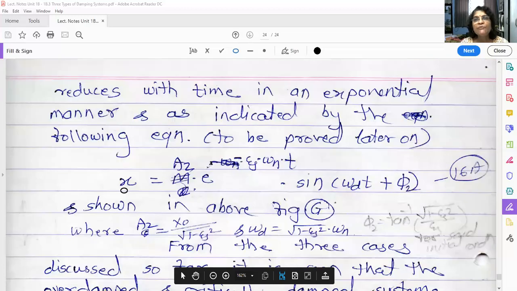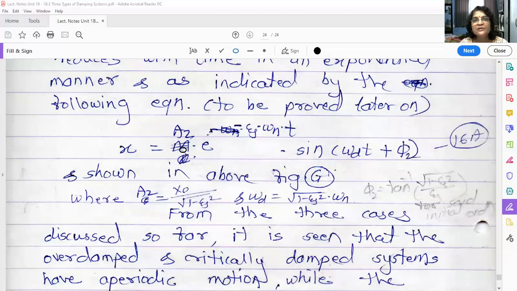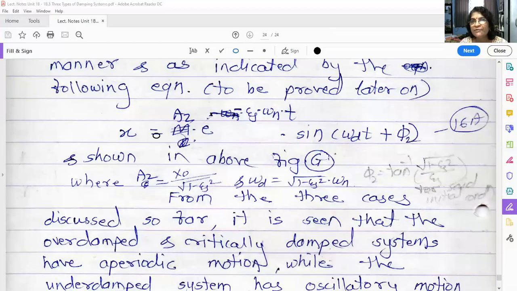So what is the physical interpretation of this equation? You have already learned this equation: x is equal to A2 into e raised to minus zeta omega n t into sine of omega d t plus phi 2. What is omega d? Square root of 1 minus zeta square into omega n.